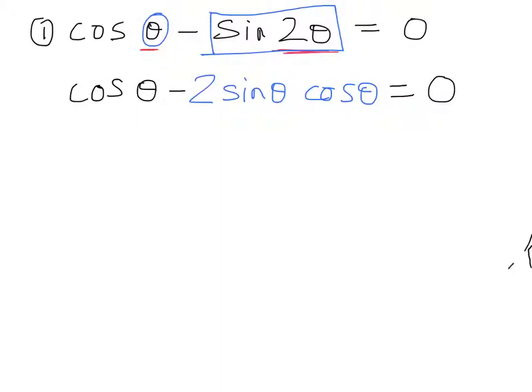This is a trig equation. Normally what we want to do is get only one function in the equation, but you can also see that that's not going to be possible in this case. There's nothing you can replace cosine or sine with. None of them are squared.